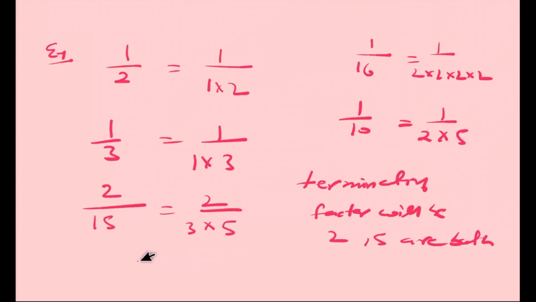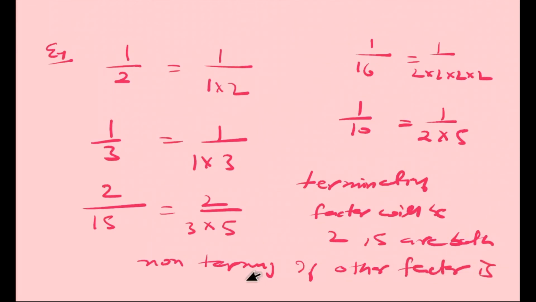Non-terminating: except 2 and 5, if there is any other factor, then it is non-terminating. If another factor is present, then it is non-terminating.